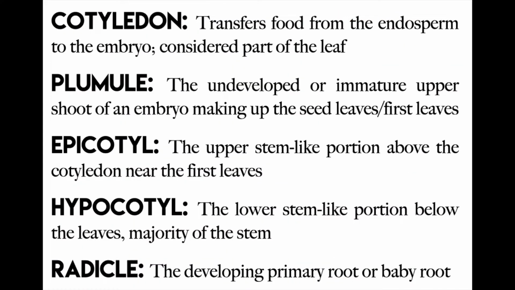Here's the cotyledon. Cotyledon primarily is the food source. In different resources, it's considered part of the leaf or an extension of the leaf or a leaf-like structure coming off of the stem. But when you eat a bean or a seed, that bulk of the bean or the seed is the food source.